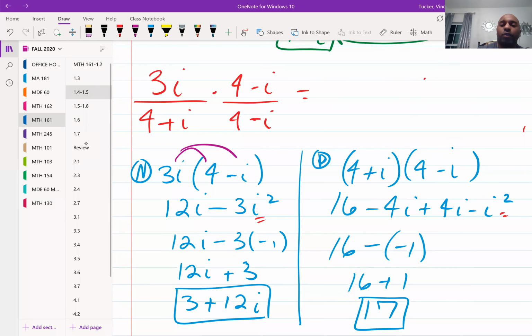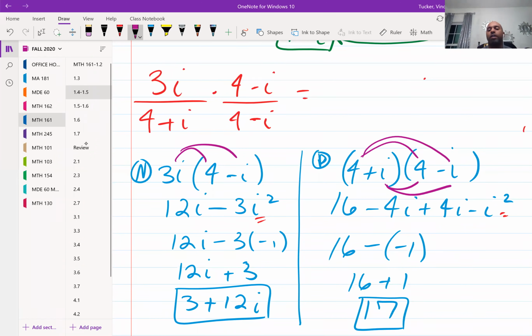All right, so then for our denominator, we're going to multiply 4 plus i by 4 minus i. 4 times 4 is 16. 4 times negative i is negative 4i. i times 4 is 4i.